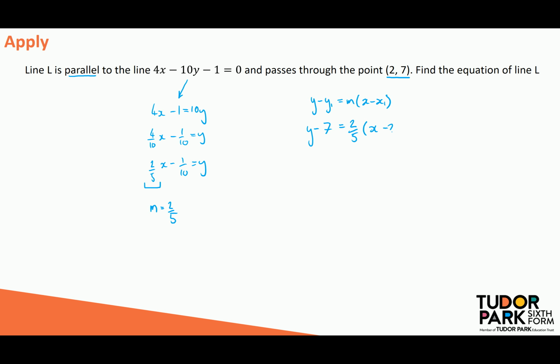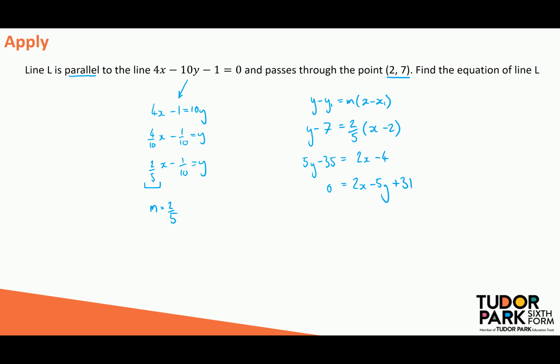And I know that this is going to be minus 2. I'm going to multiply through by 5 to say that's going to be 5y minus 35 is equal to 2x minus 4. And then I'm going to rearrange that to say that 0 is equal to 2x minus 5y plus 31. And that's all we have to say about parallel lines.